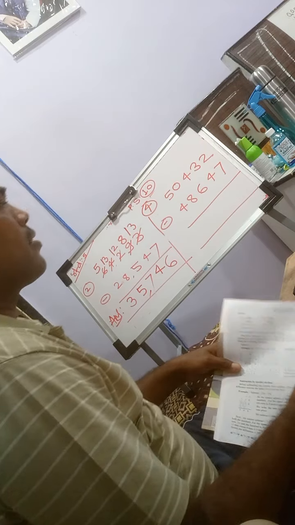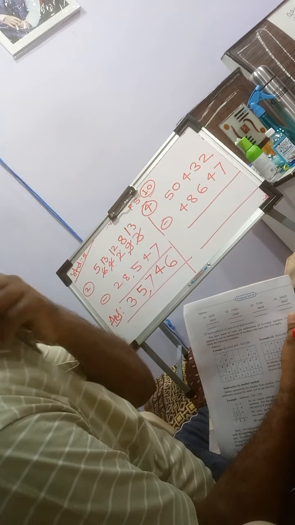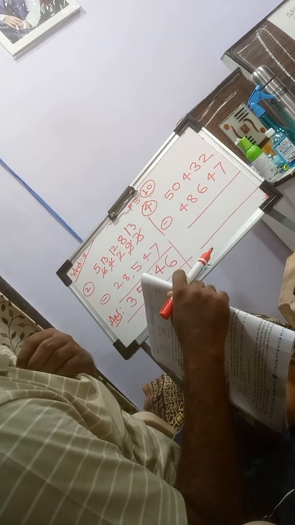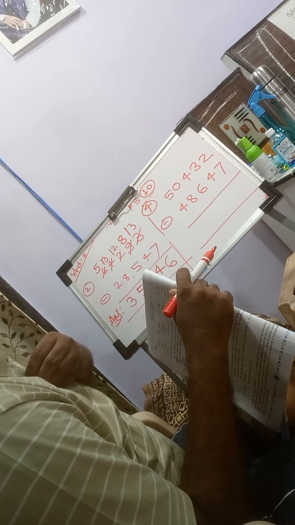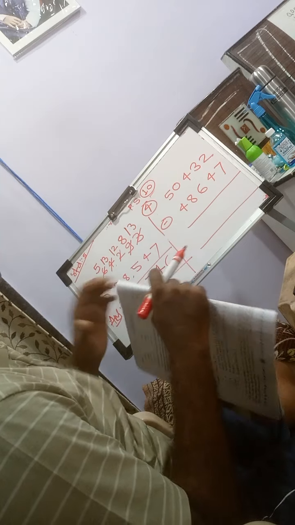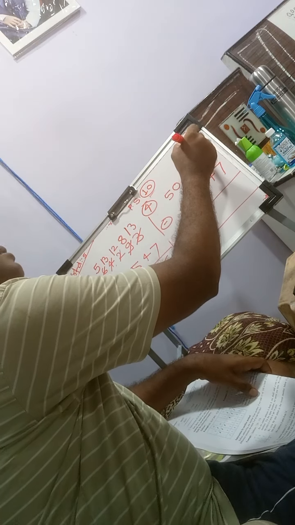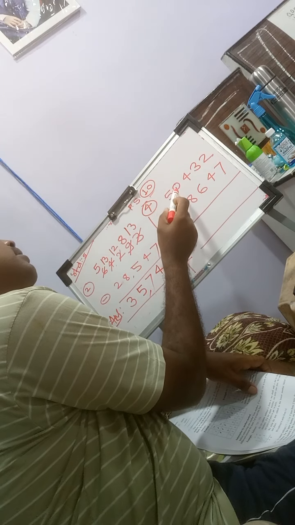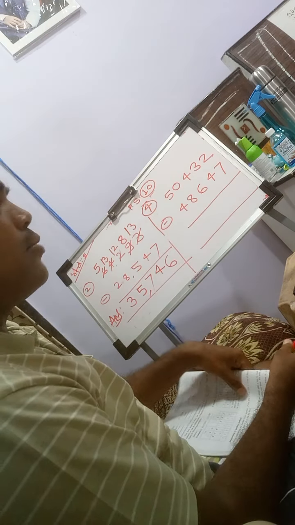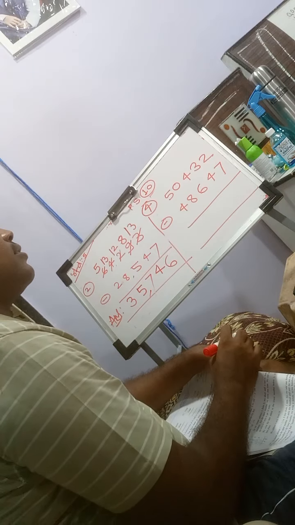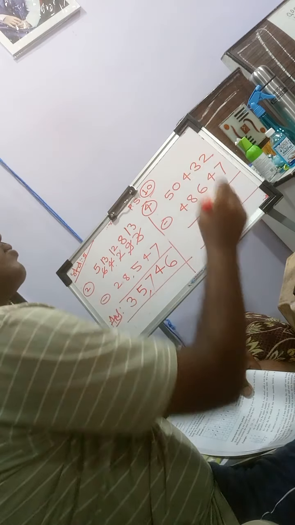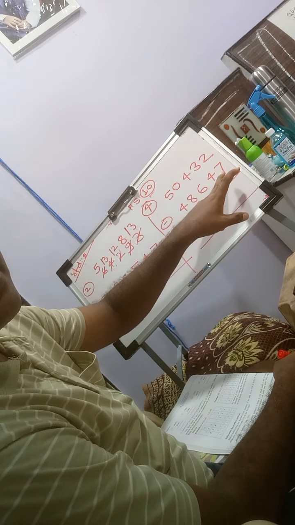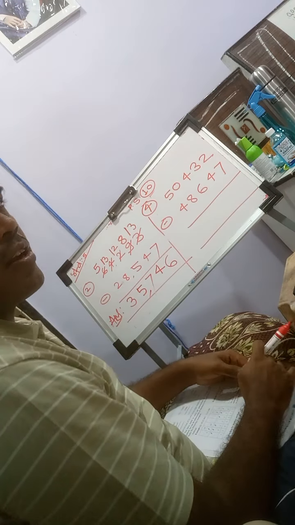Okay. Now here you want to subtract 48,647 from 50,432. This is a unit place, this is a 10 place, this is a 100 place, this is a 1000 place, this is a 10,000 place. Now here 7 cannot be subtracted from 2 because 7 is a bigger number and 2 is a smaller number.